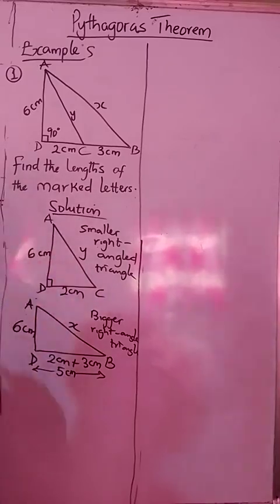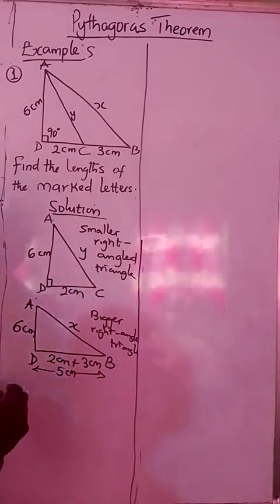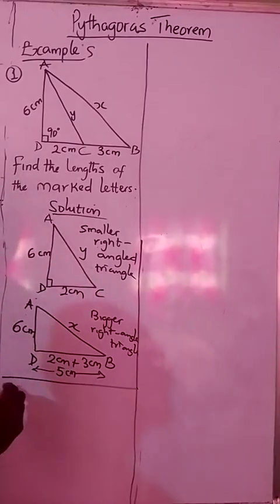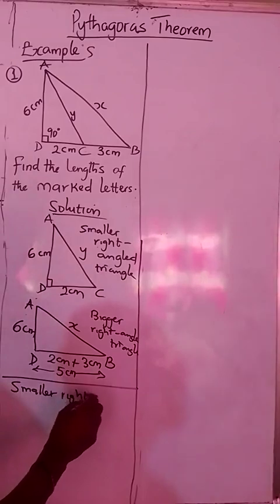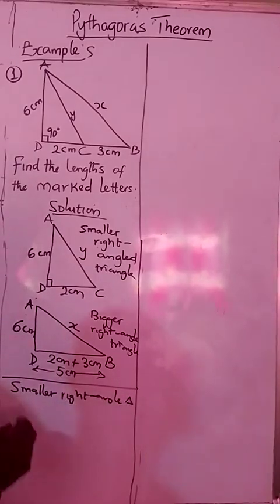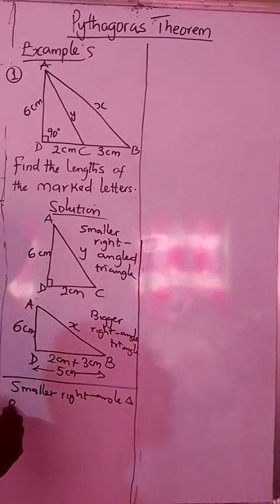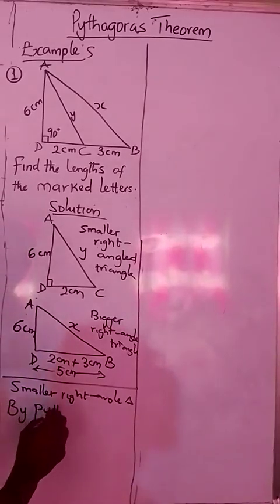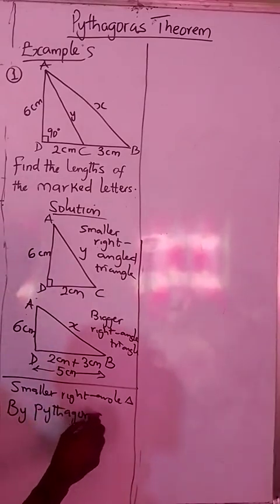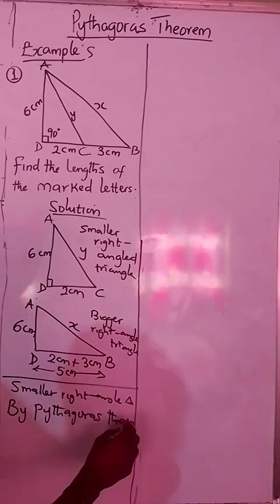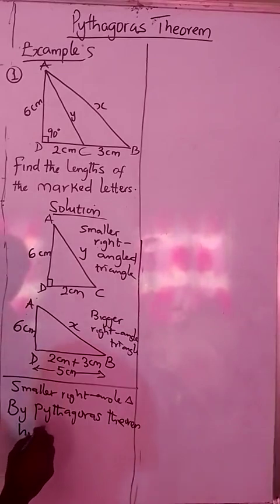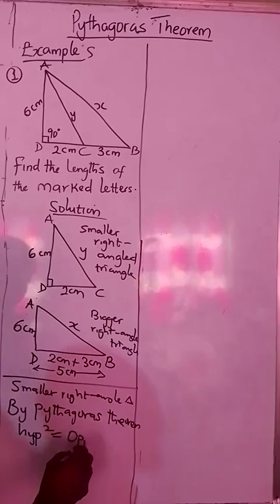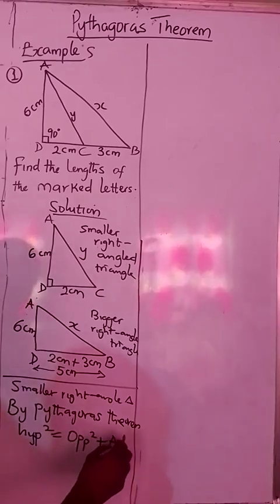With the smaller right angle triangle, by Pythagoras theorem, the formula says the hypotenuse square will be equal to opposite square plus adjacent square.